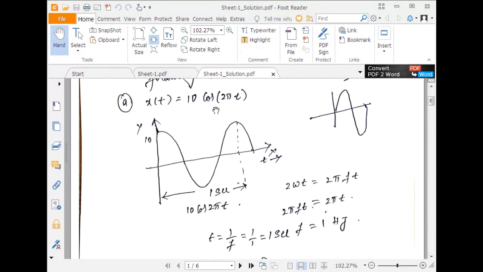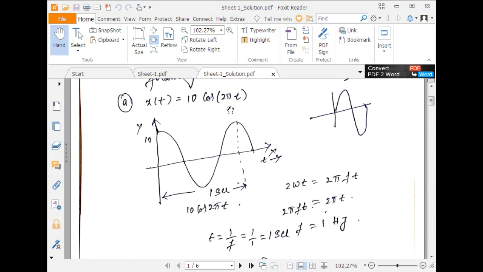See here, it is cos. Cos starts from the maximum value, maximum is 10. Okay, magnitude is 10. And what is the time? By using this 2 pi t.